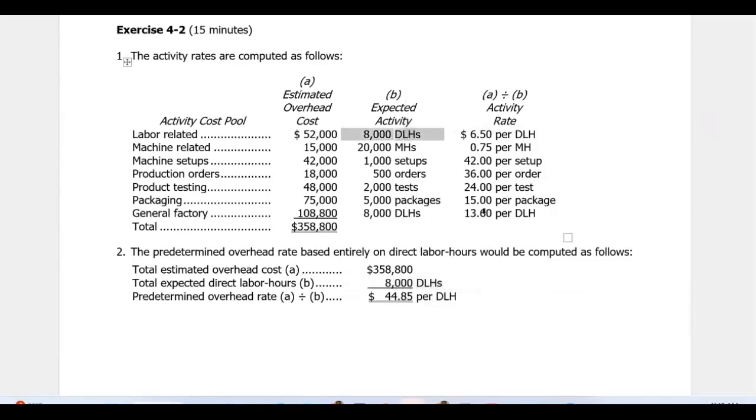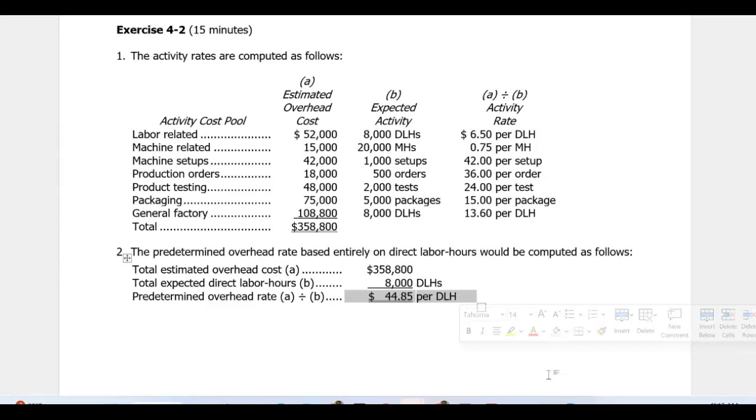We have it right there. And we used it also here. So that's what we're going to go with. And therefore, we have $44.85 per direct labor hour, one predetermined overhead rate. So you can use it in the whole factory and get the job done.